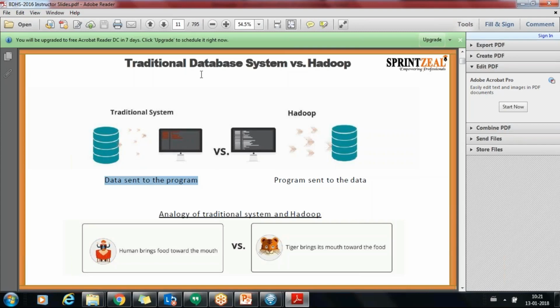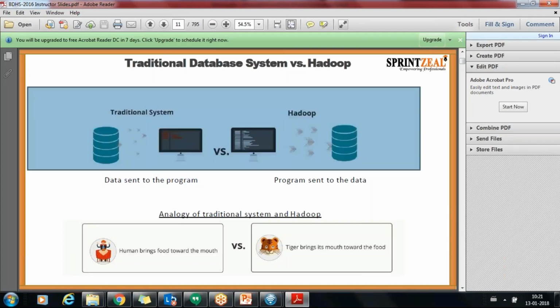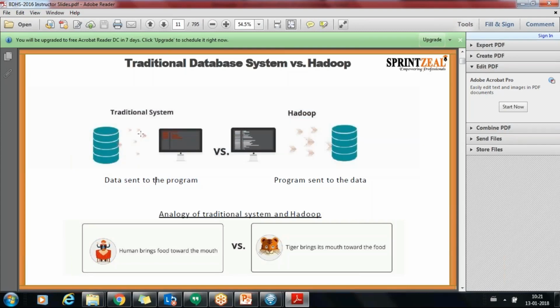So it's very important to understand traditional versus Hadoop. In traditional, we are getting the data towards the computation, but in Hadoop, we are moving the computation towards the data. We are doing just the opposite. The computation logic, we are moving towards the data.